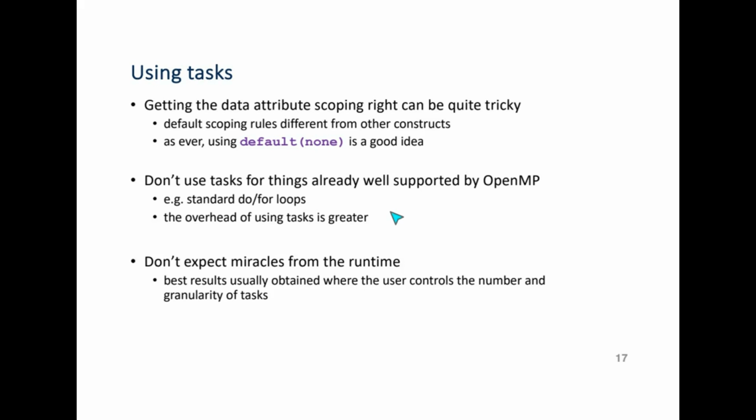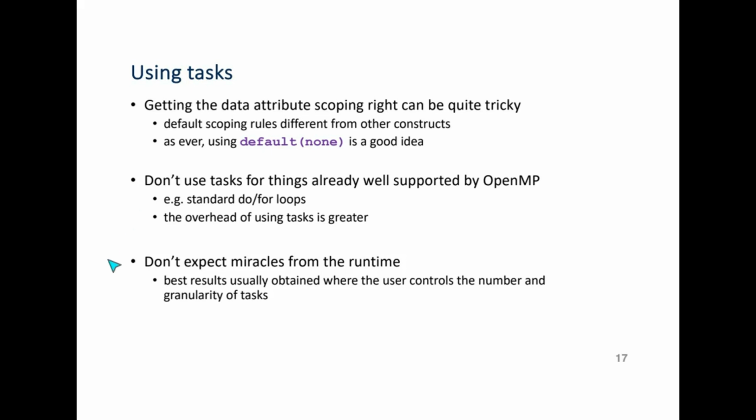The runtime has to do the packaging up of tasks, keep track of them all internally somewhere, and then schedule them to threads, and all that carries some overhead, which is in general bigger than what is required for scheduling loop iterations, even if you use a dynamic schedule for the loops.